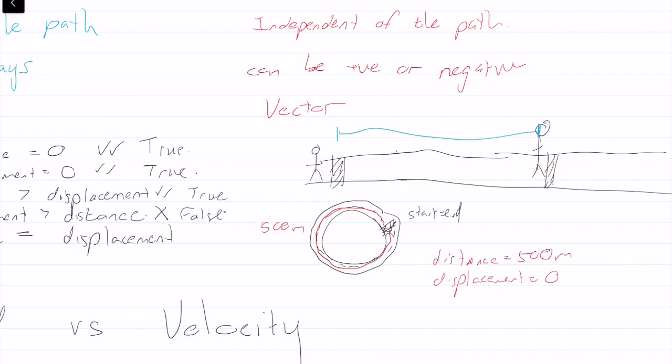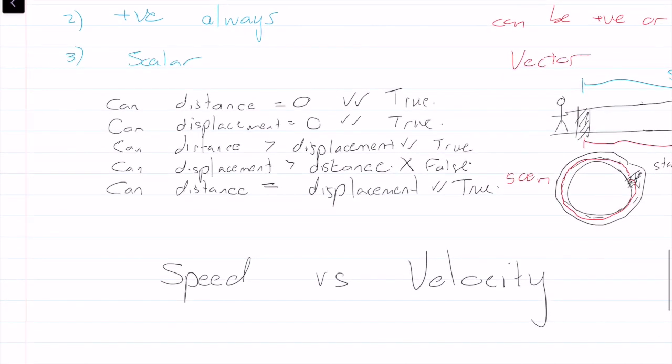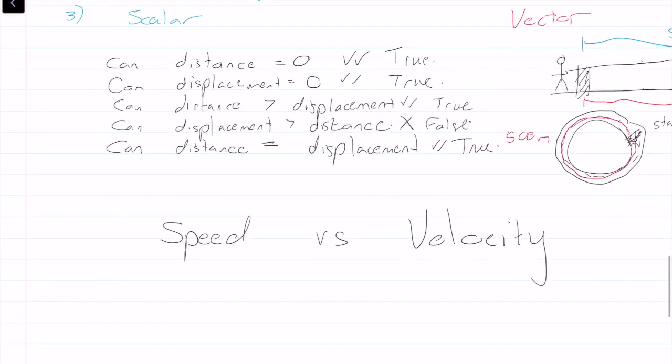The distance is equal to, let's say, 500 meters, and if they ran it straight, then their displacement is also equal to 500 meters. Okay, so that can be true. These are the kinds of tricky multiple choice questions that you can get. Well, they're not actually too tricky, but yeah.